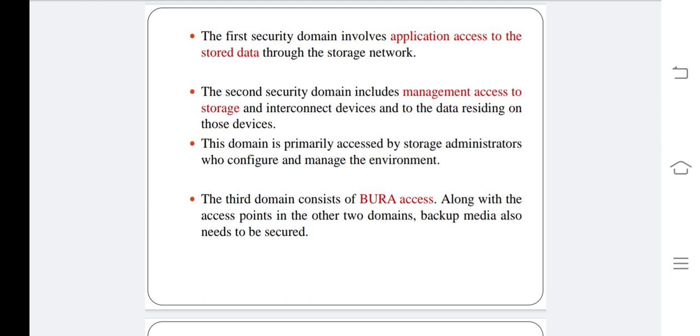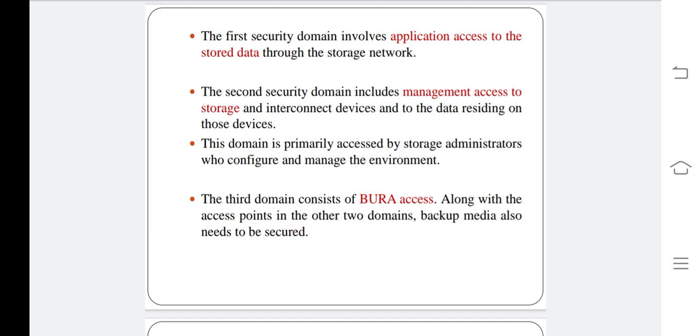The second security domain includes management access to storage and interconnect devices and to the data residing on those devices. This domain is primarily accessed by storage administrators who configure and manage the environment.